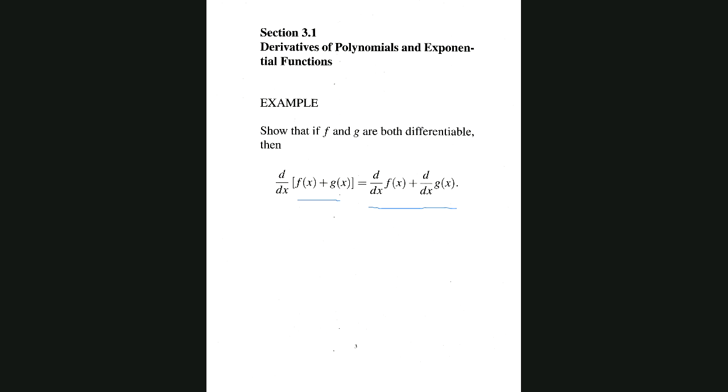Okay, so again, we can write this way if we wanted to use briefer notation: (f plus g) prime equals f prime plus g prime.